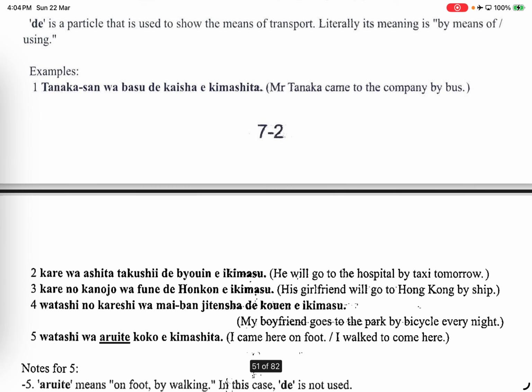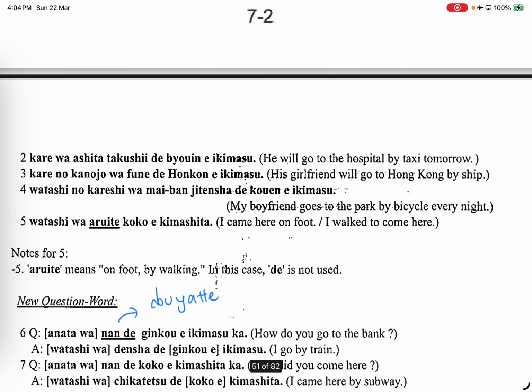Okay, number 2. Next page, number 2. 彼は明日タクシーで病院へ行きます。So by taxi to hospital, he go. Right, so he go to hospital by taxi. So in English, just read it in reverse. Number 3. 彼女は船で香港へ行きます。So girlfriend by boat to Hong Kong, go.